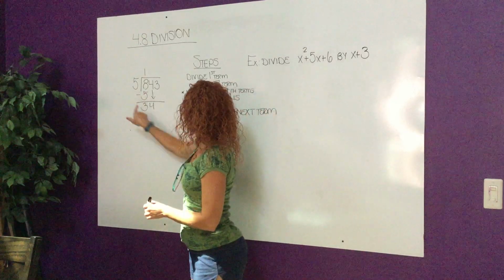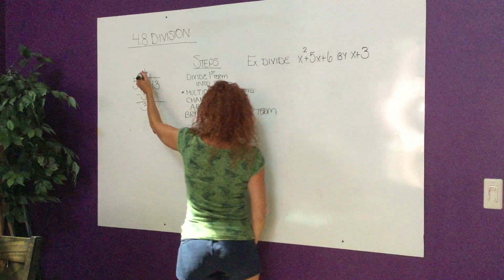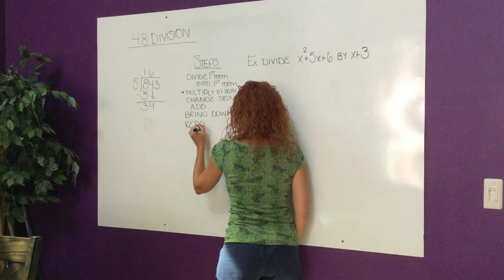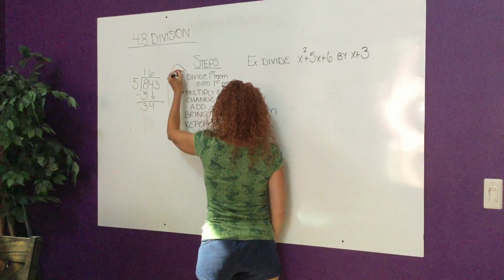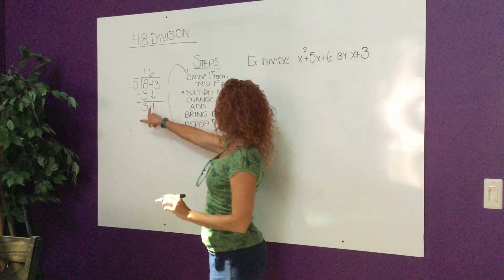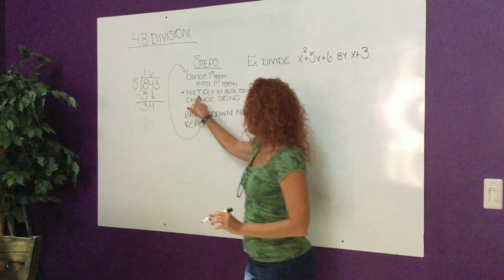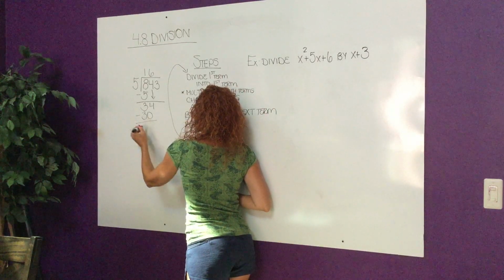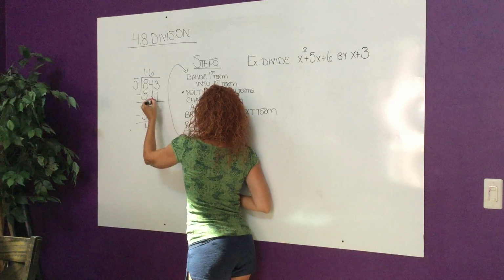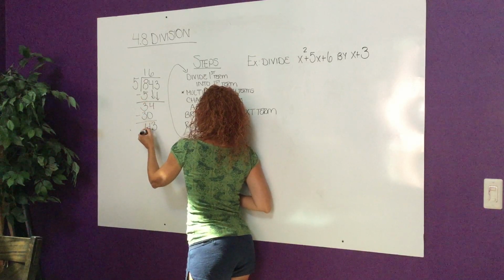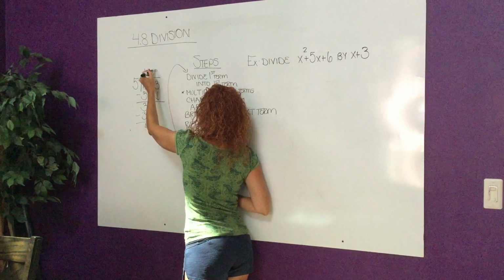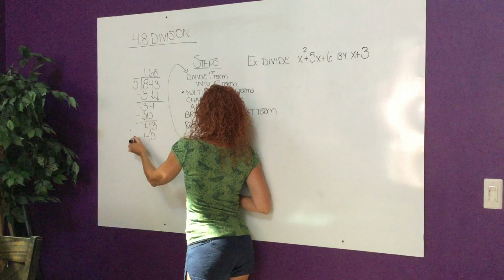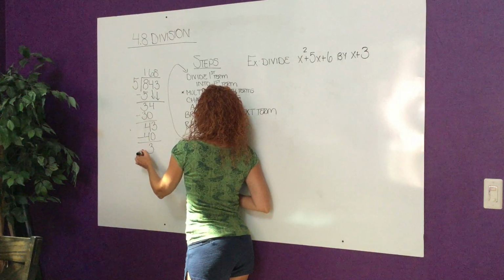Now we're going to go, okay, 5 goes into 34 6 times. So we basically just start over again, back up to the beginning. 5 goes into 34 6 times, multiply it through, change the signs and add them, and bring down the next term. 5 goes into 43 8 times, multiply it out, change the sign and add straight down.